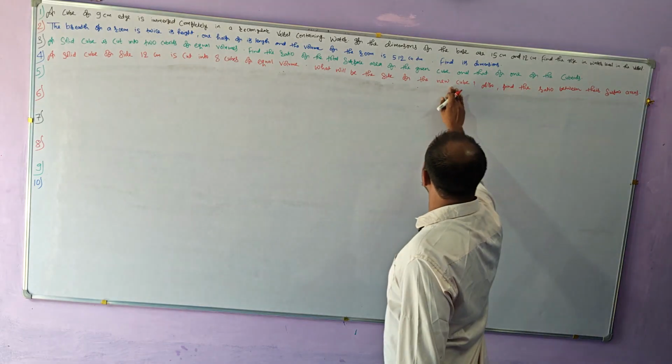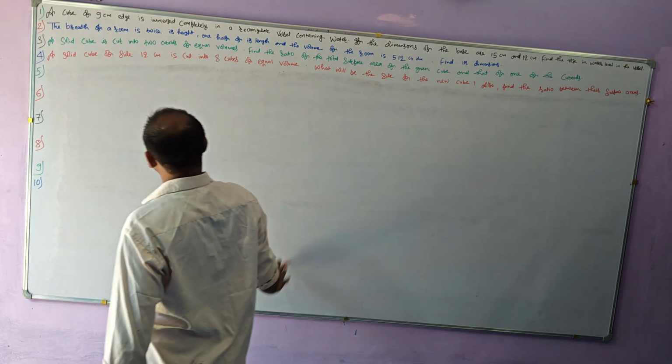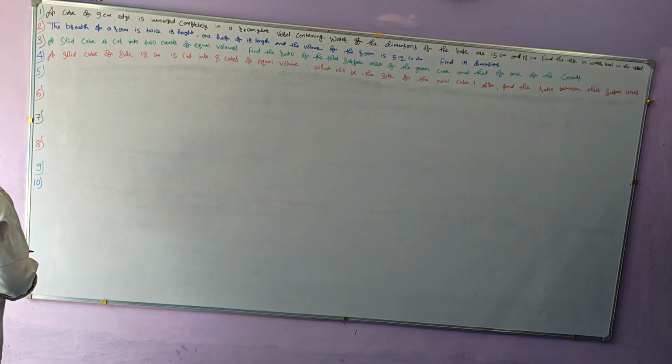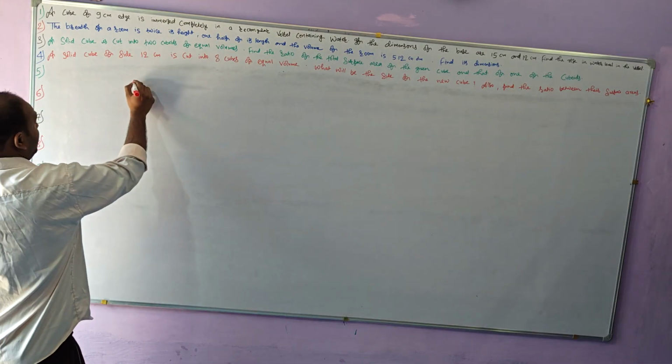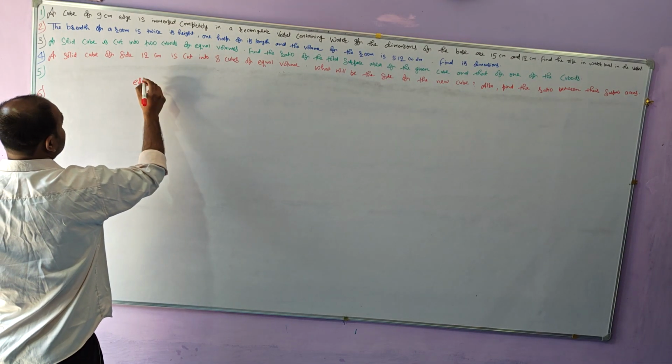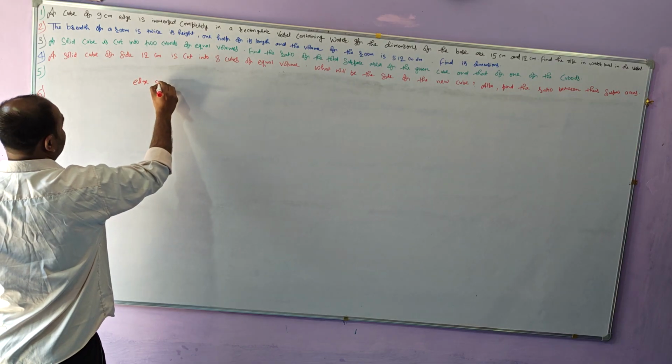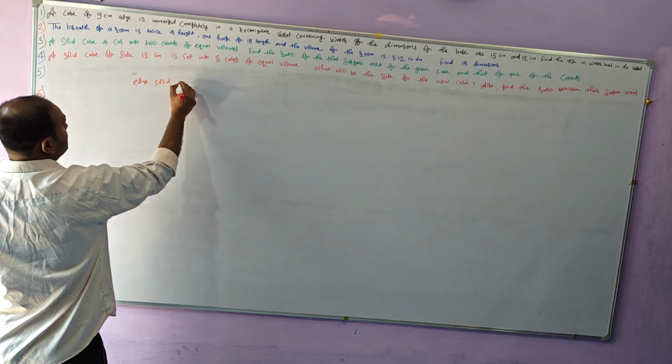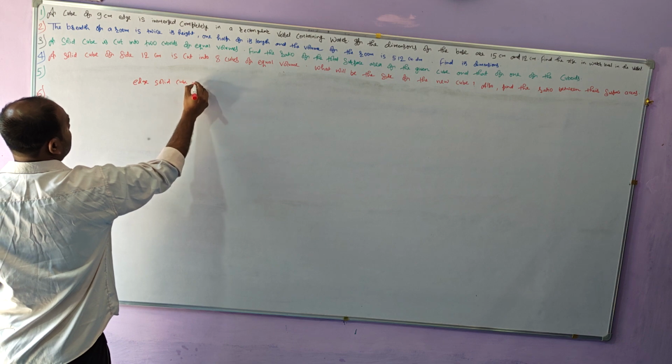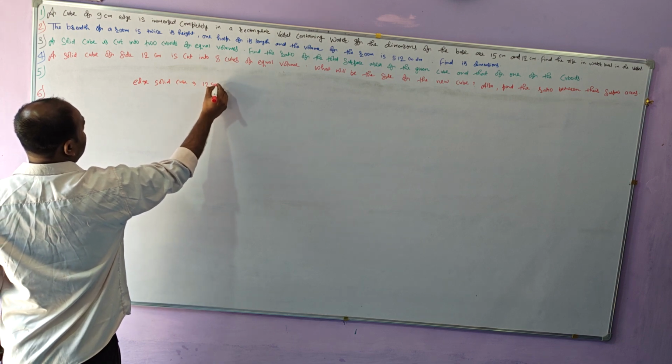So we can say that the edge of the solid cube is 12 centimeter.